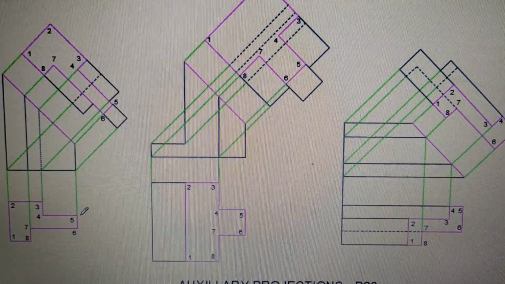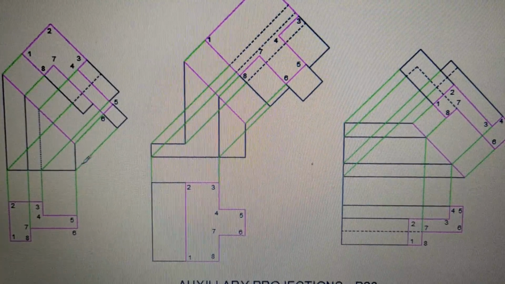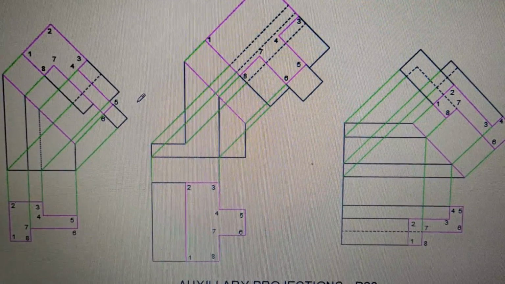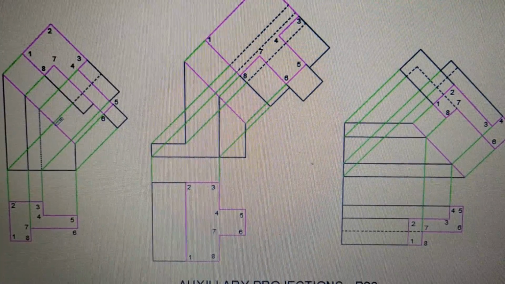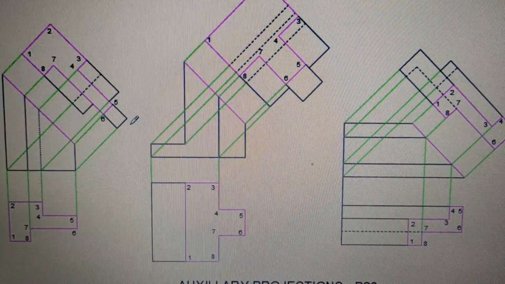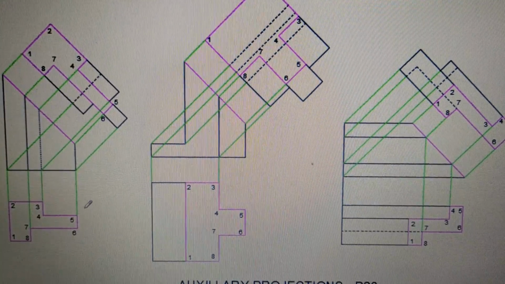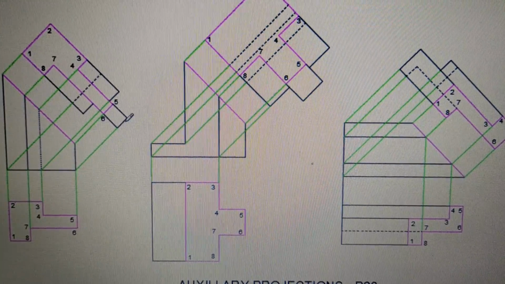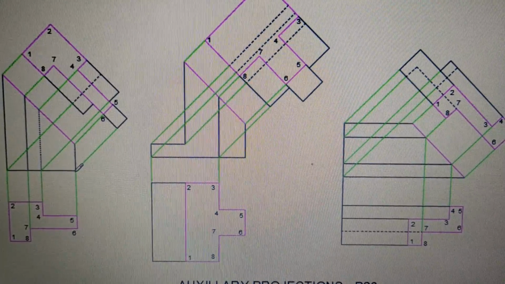So this 5 dash 6 dash is here. So that you can mark by drawing this line and then lines along the inclined surface. So along the inclined surface you can get here 5 dash and 6 dash. So this is your 5 dash 6 dash.